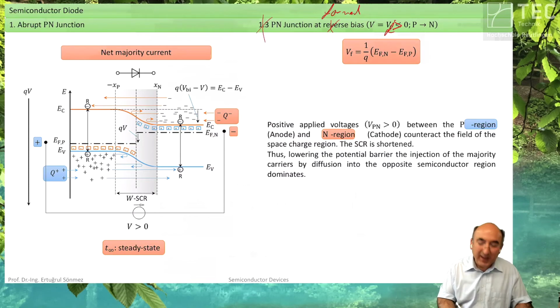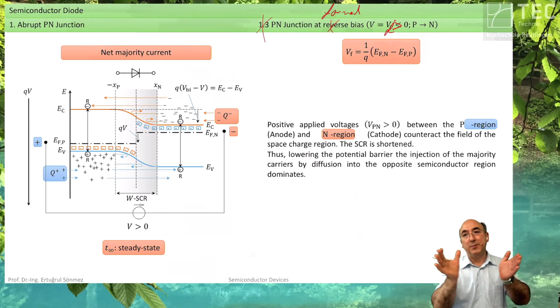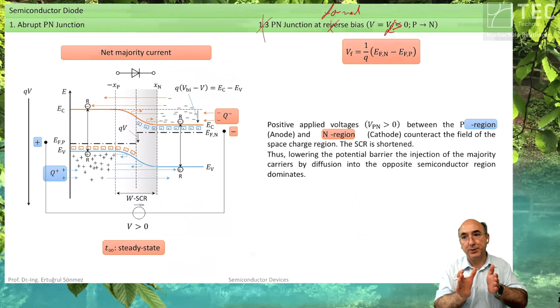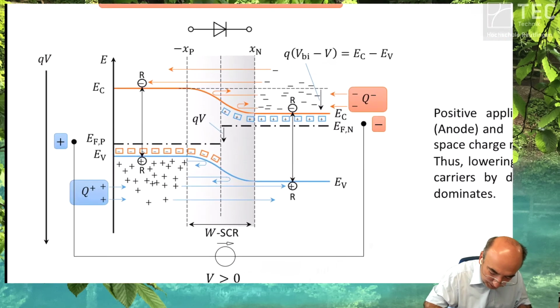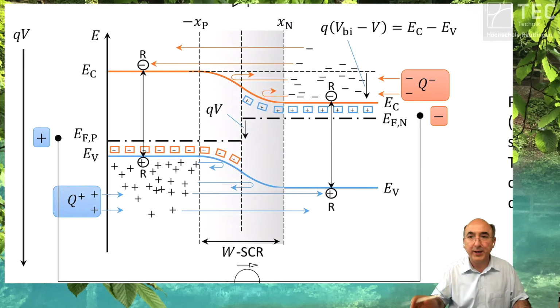Okay, now you are counteracting the electric field in your space charge. You counteract, so you collapse the space charge region. So if you reduce the space charge region, now we can talk about why a diode does have a current.